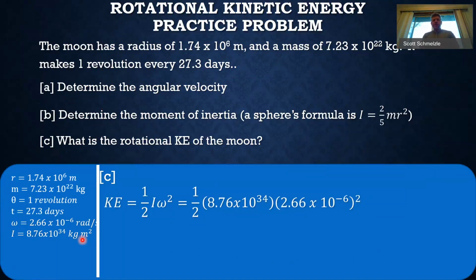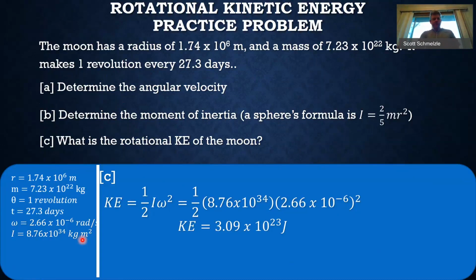So we take 8.76 times 2.66 times 10 to the negative 6 squared, and that's how much rotational energy it has, 3.09 times 10 to the 23rd joules. Again, is that a huge amount? Absolutely. We're talking about a planet. Well, not a planet, but a huge rock that we're trying to get to rotate.